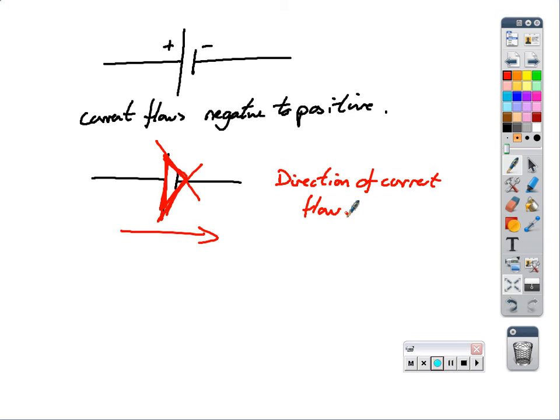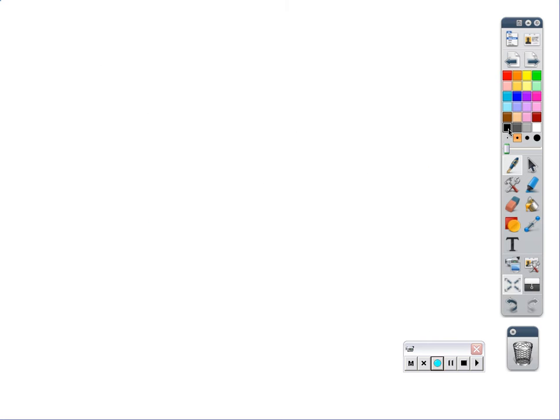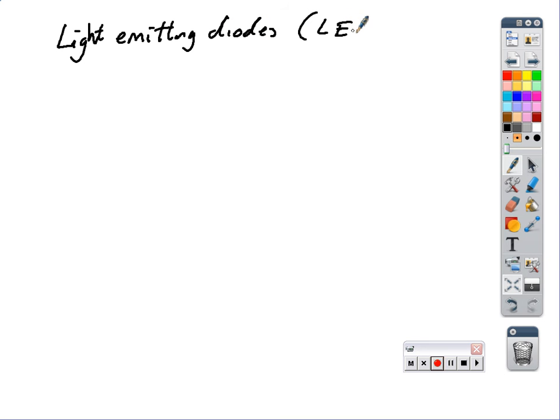Right, so that's diodes. Let's go on to light emitting diodes. They're called LEDs, and they look like this.